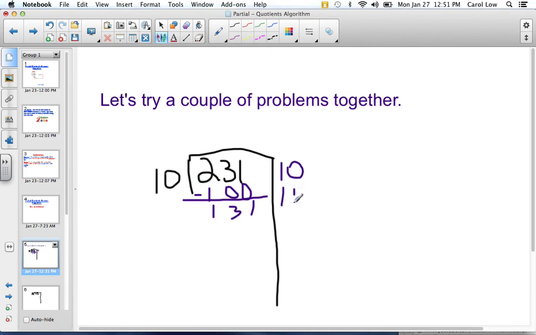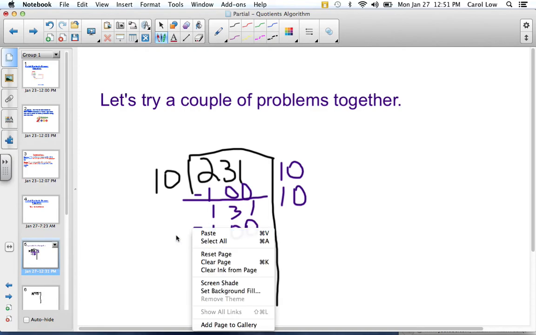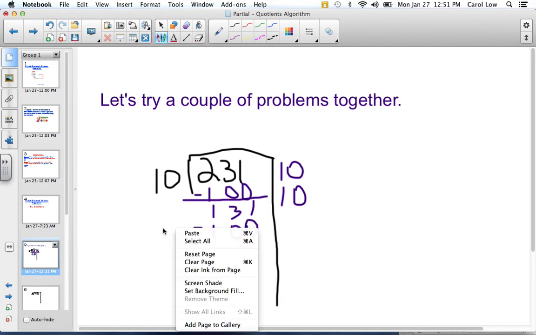So we divided, and it's 10 times, and then we multiply. 10 times 10 is 100. And then we subtract, and we get 31.